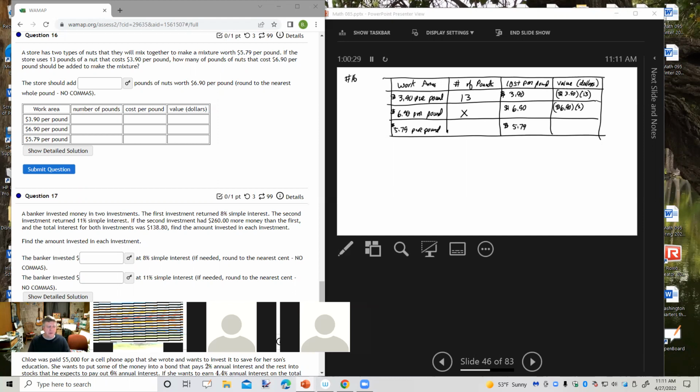If we have 13 pounds of one plus X pounds of another, and we add them together, how many pounds do we have? Don't overthink it. $13X. That would imply multiplication.